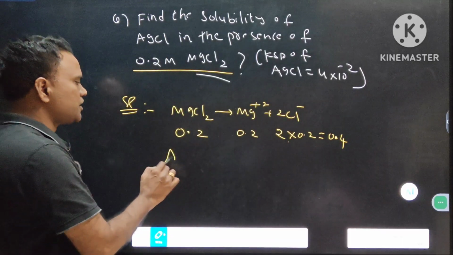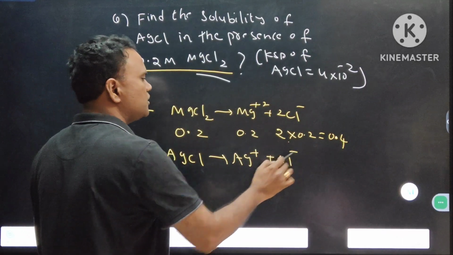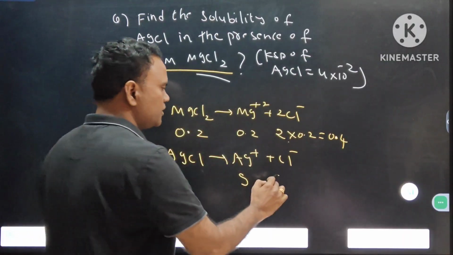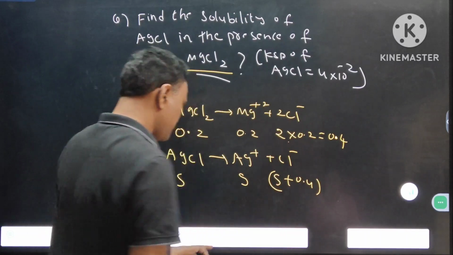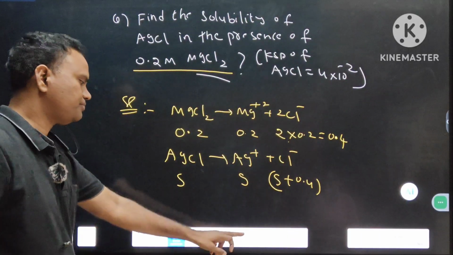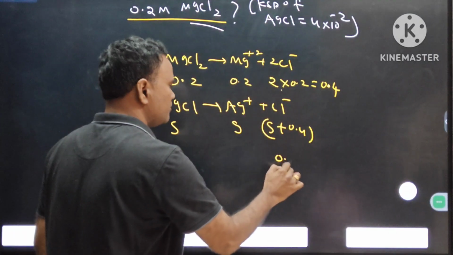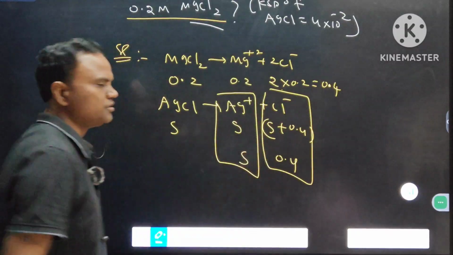Now the remaining procedure is as it is. AgCl gives rise to Ag plus and Cl negative. This is S, this is S. Chloride ions S plus 0.4, that is equal to 0.4. This is S. Now this is Ag plus concentration, this is Cl minus concentration.